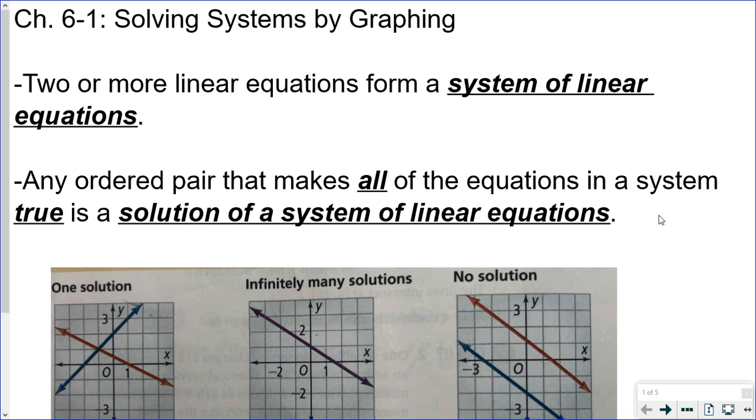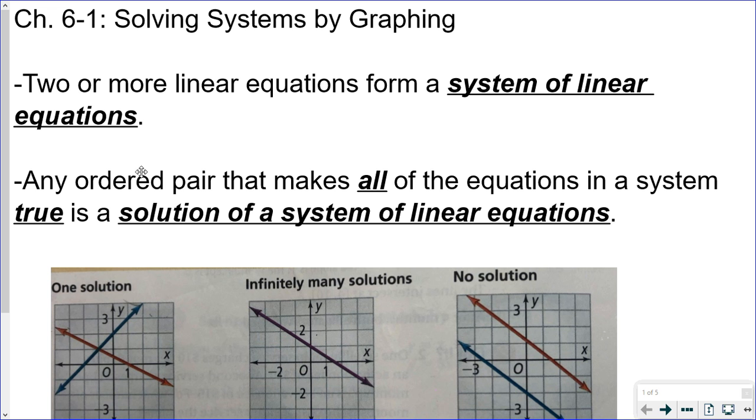So first of all, what is a system of equations? A system of linear equations is just two or more linear equations. If you have two or more linear equations that go together, we call that a system of linear equations. So when we talk about solving them, what do we mean by that?